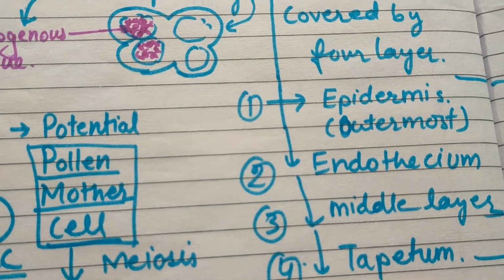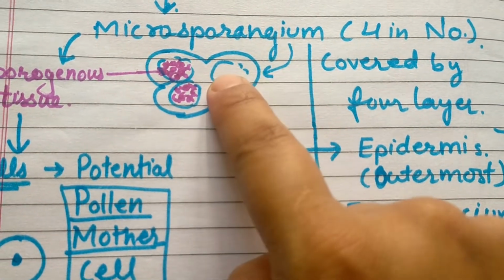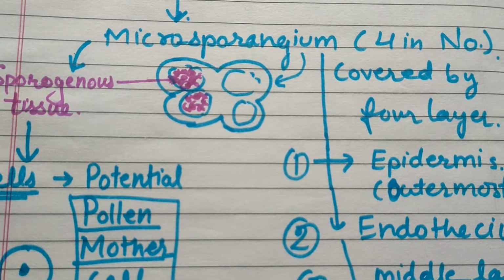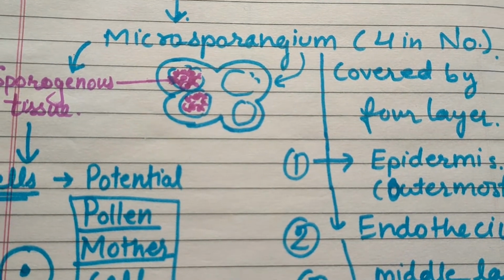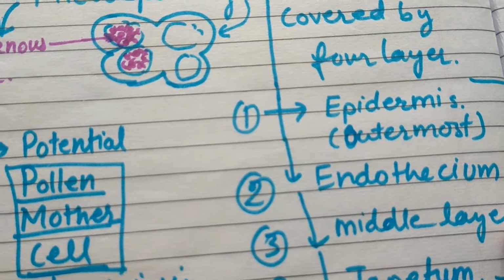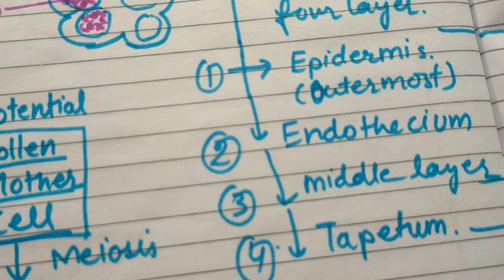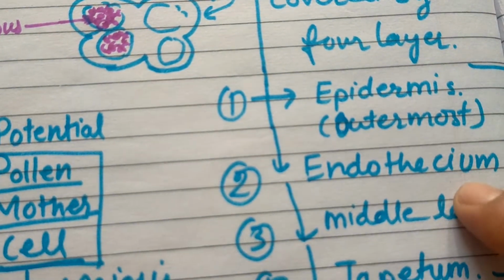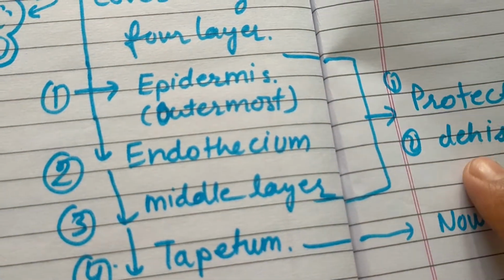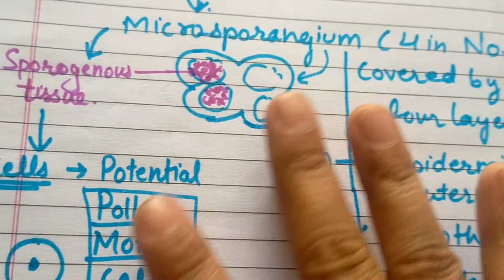So this is how, from outermost to innermost part of this pollen sac, these 4 layers are made: epidermis, endothecium, middle layer, and tapetum.